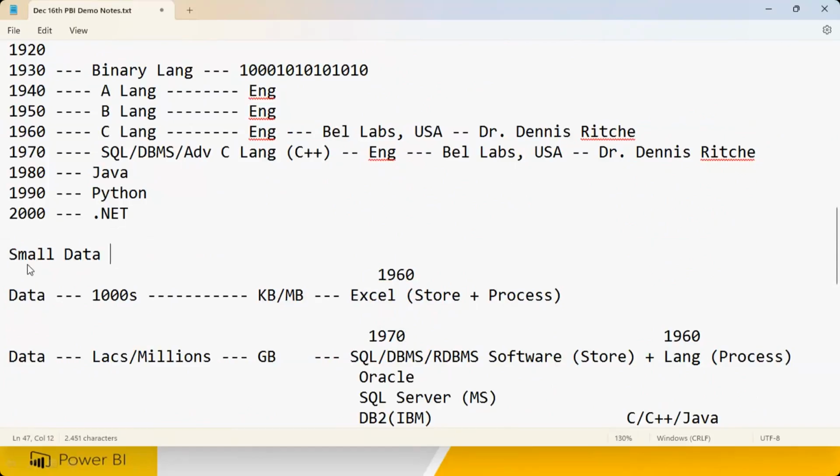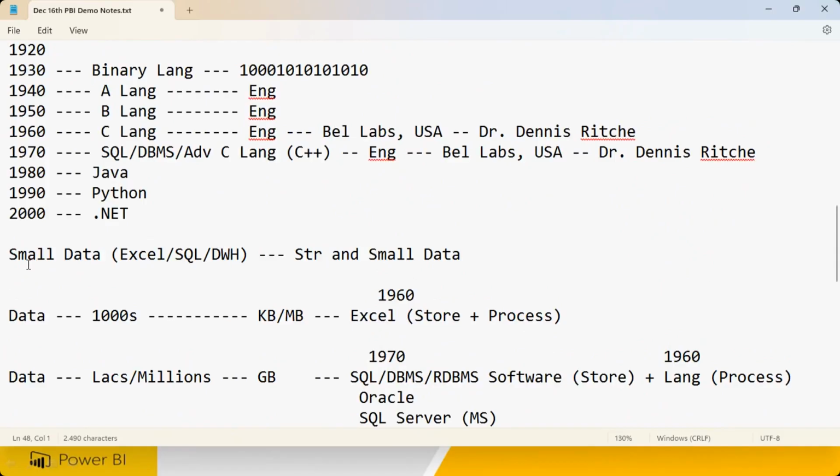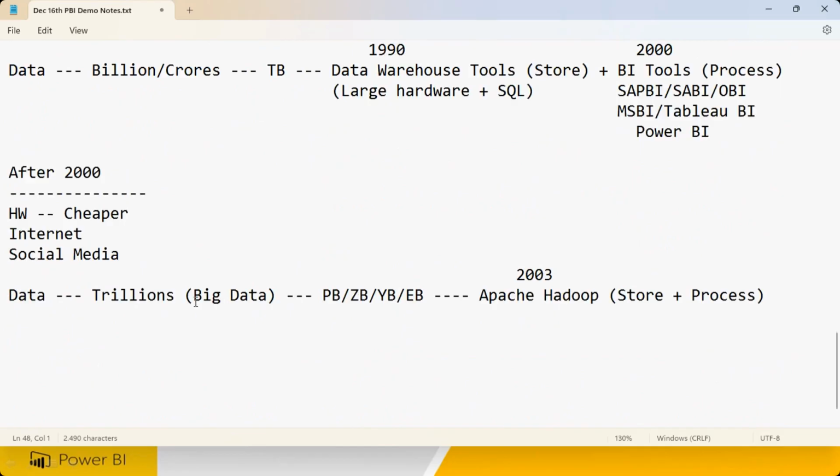Small data means it may be in Excel, or in SQL, or in a data warehouse. All the data is structured data, and it is small data, right? This is before year 2000, and now the data is not only structured data, structured means data in rows and columns, tables. You have a large amount of photos, videos, audios, charts.